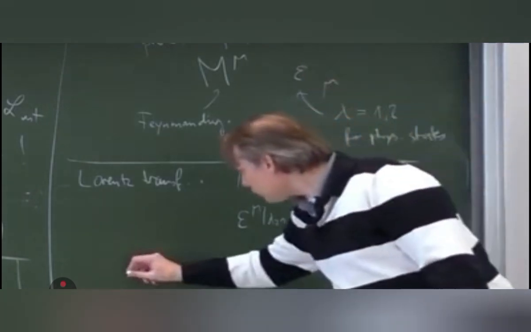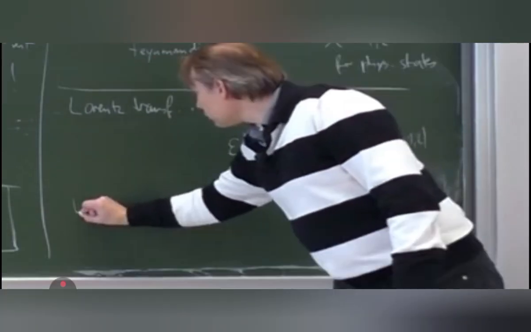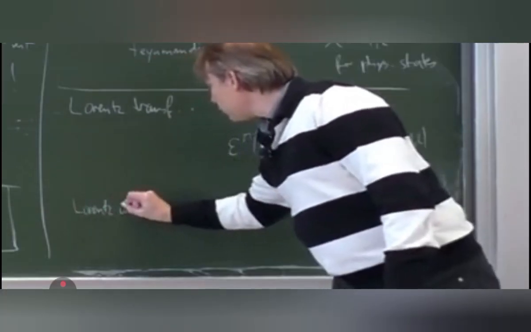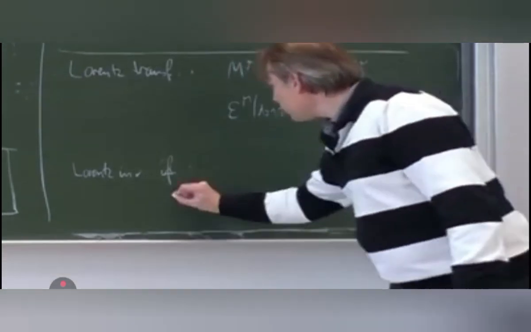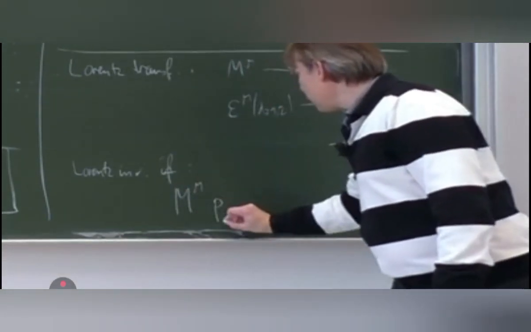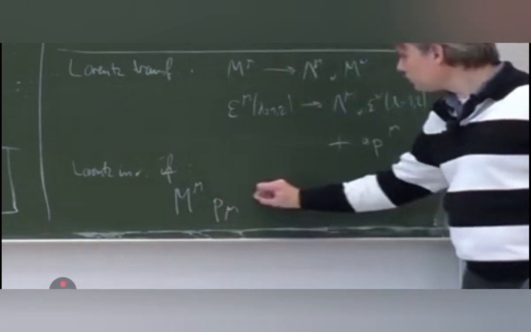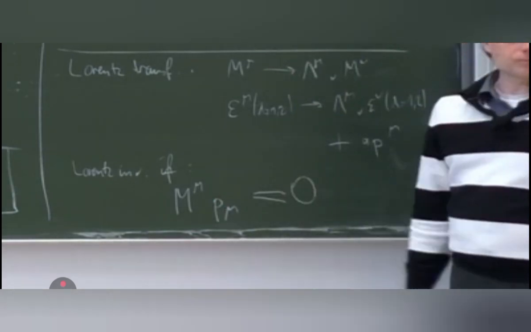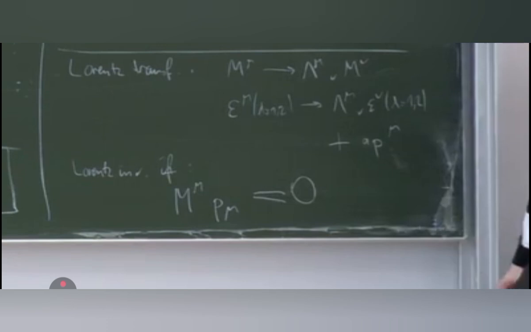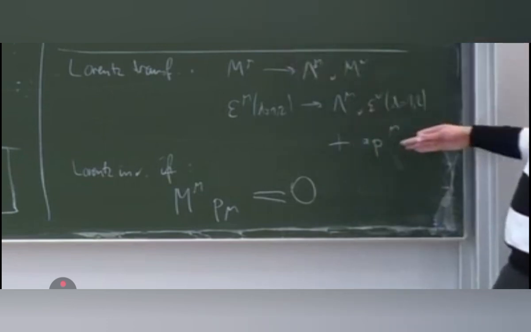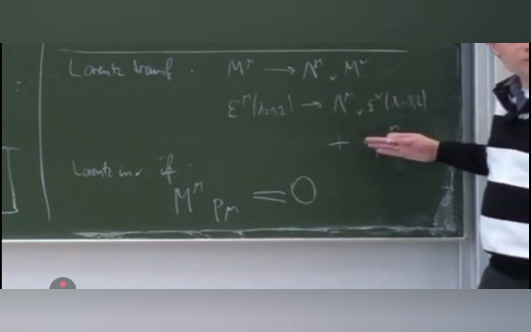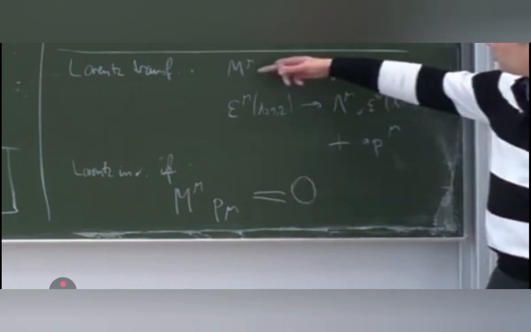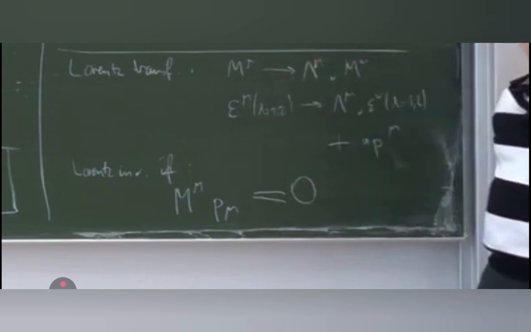So it would be Lorentz invariant if we have the following condition, namely that M mu times p mu gives 0. If that is 0, then clearly the second line in the non-covariant Lorentz transformation of the epsilon drops out, and therefore the whole product M times epsilon behaves in a Lorentz invariant way.